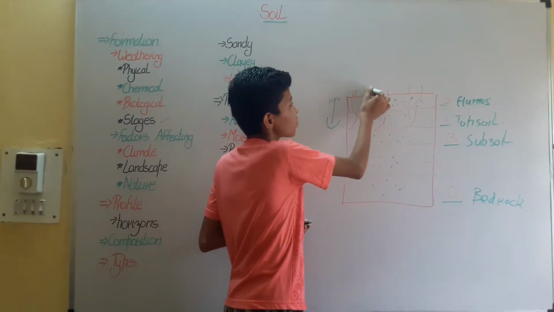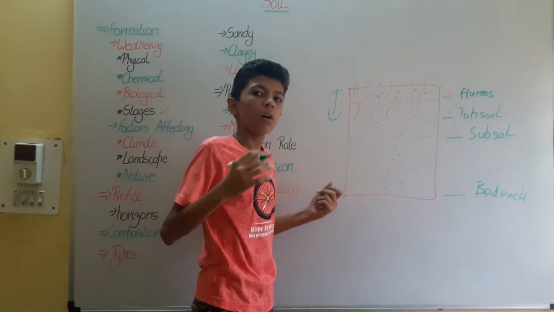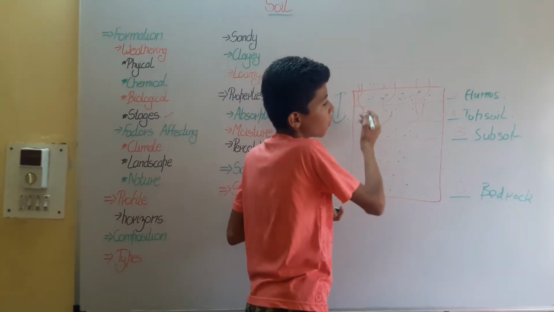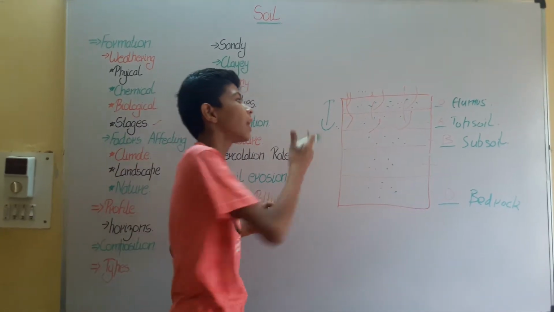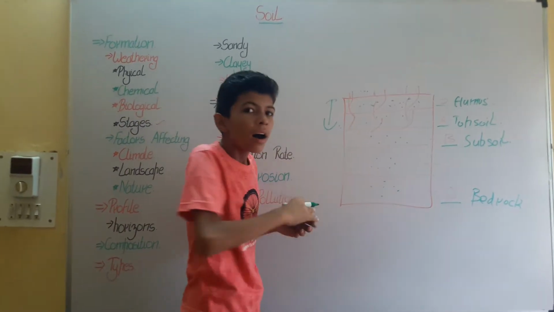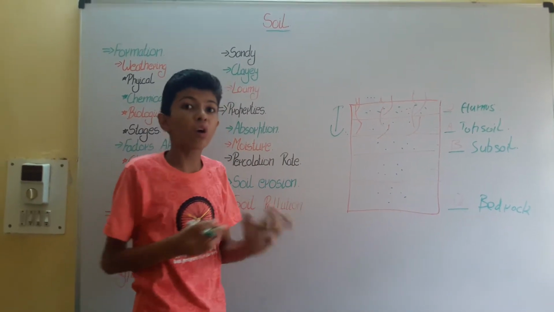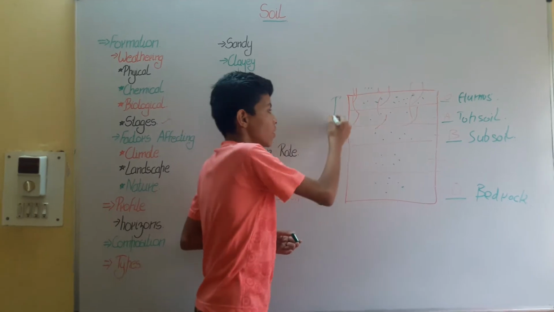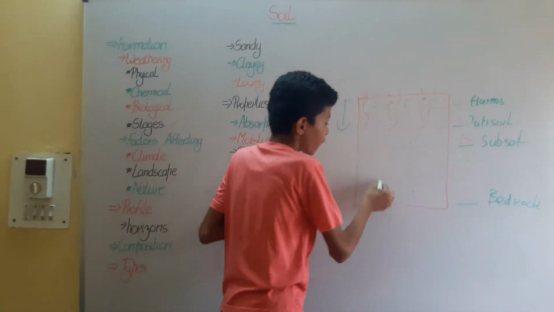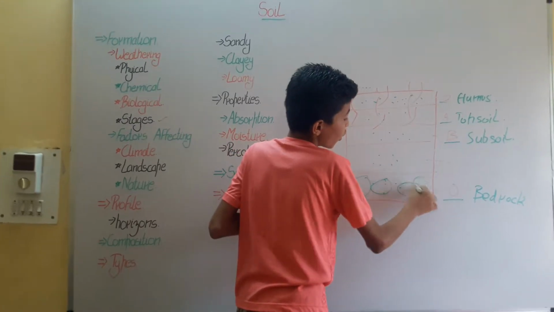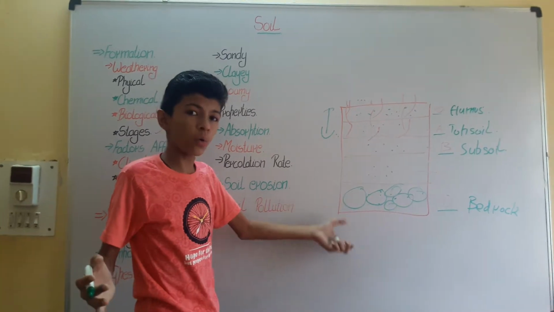This contains very small pieces, then gradually bigger, somewhat bigger than the topsoil, and then somewhat bigger again, and the size of the soil particles or the rocks also increases down to this length. The biggest rocks are found in the bedrock, which has very big shafts found in the ground.